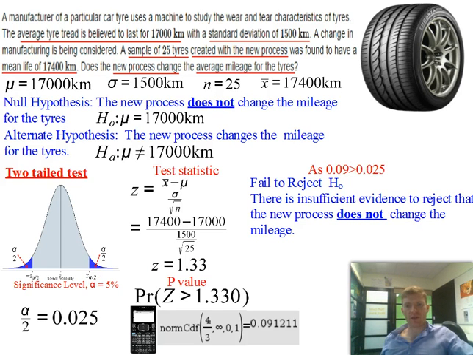Well, as the p-value 0.09 is greater than the probability for our significance level of 5%, then we fail to reject the null hypothesis. So there is insufficient evidence to reject that the new process does not change the mileage. So we have to fall back on accepting our assumption that the null hypothesis is true.